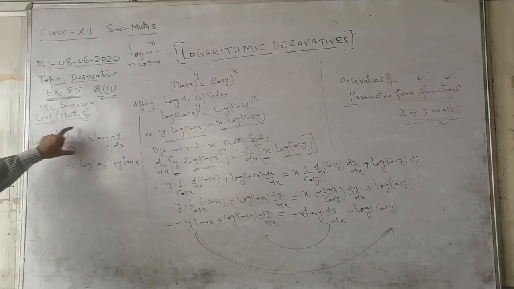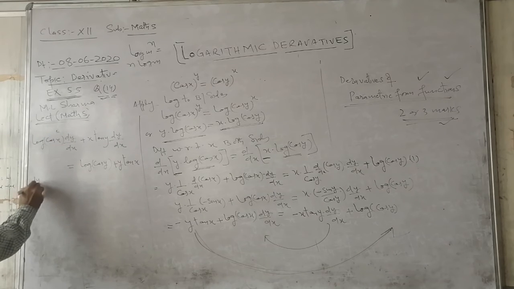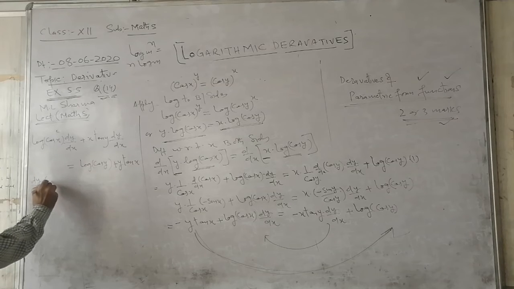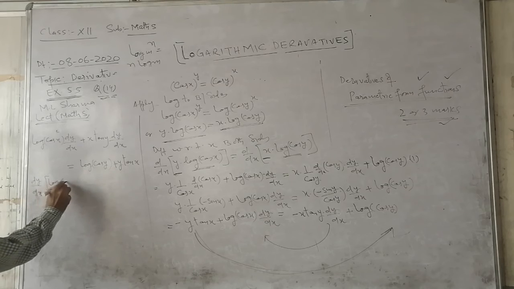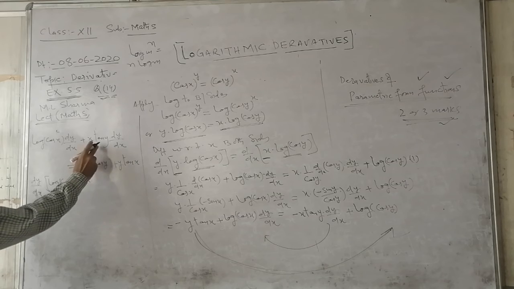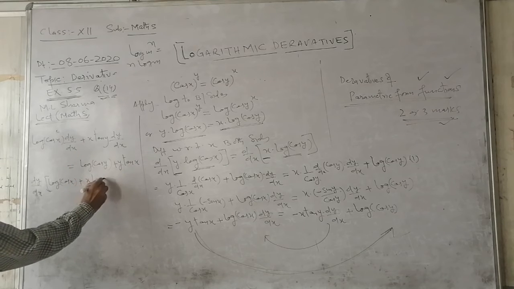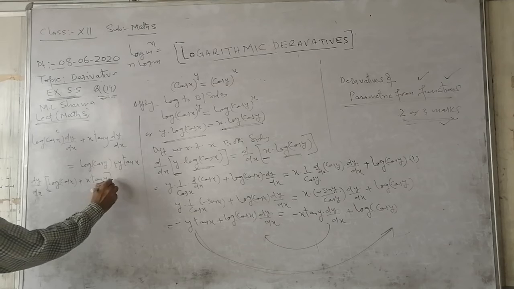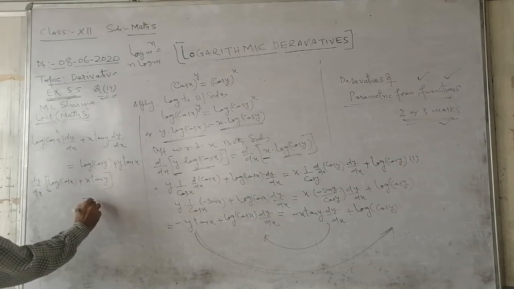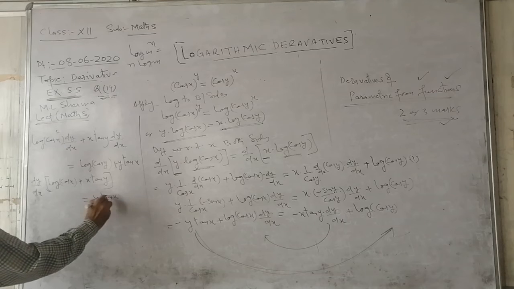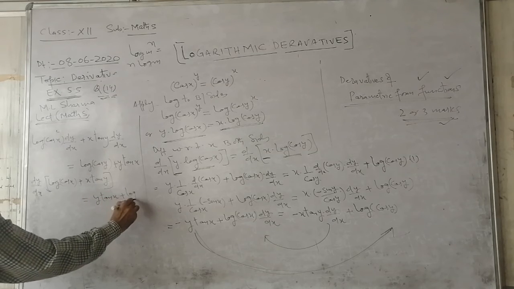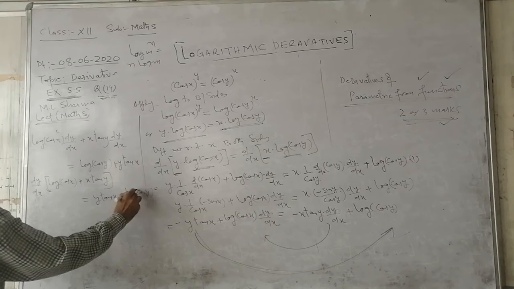So if I take dy upon dx common, inside I will have log of cos of x plus x times tangent of y, and this will equal y tangent x plus log of cos y.